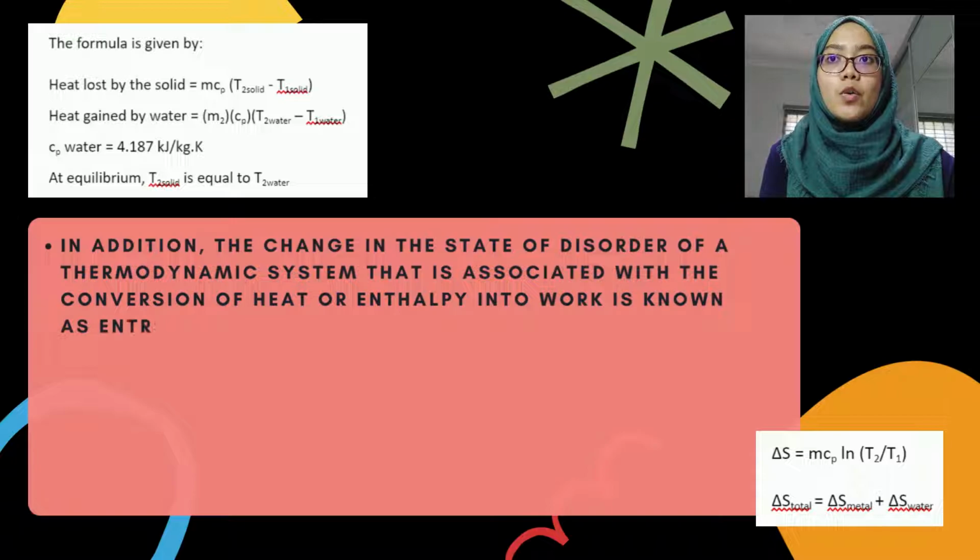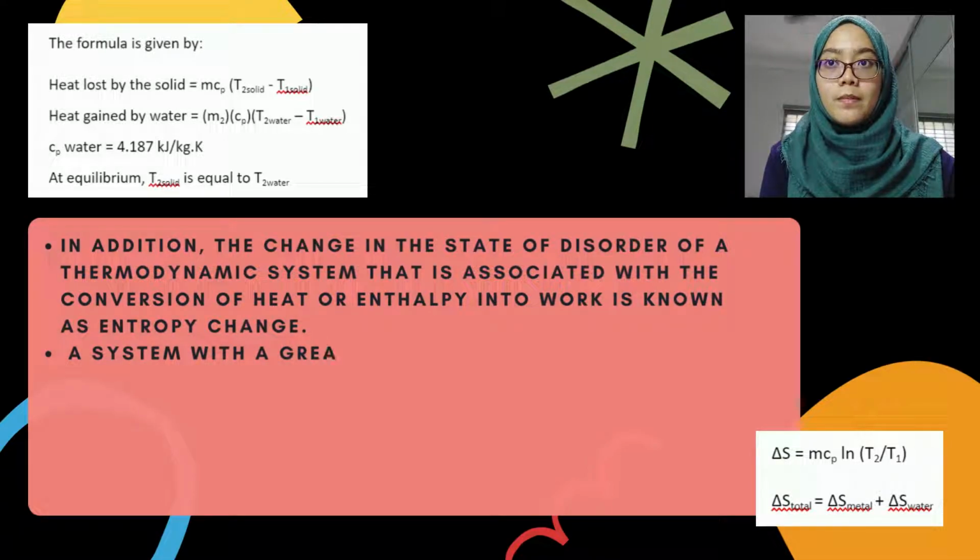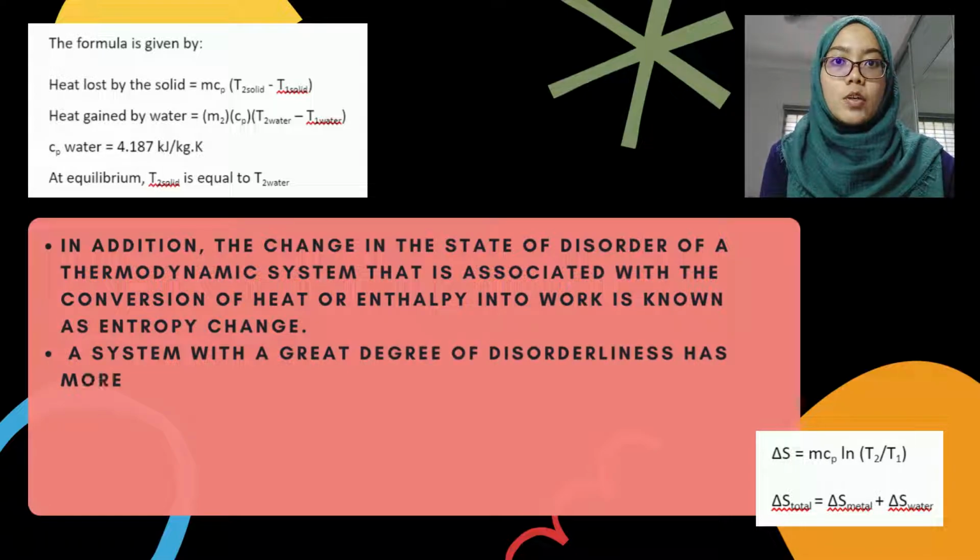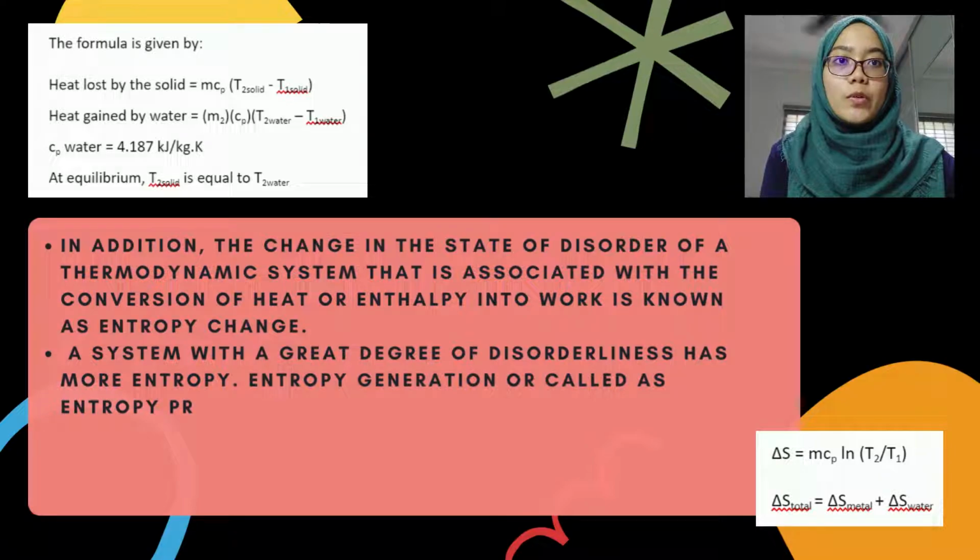Cp water is equal to 4.187 kJ per kilogram Kelvin. At equilibrium, T2 solid is equal to T2 water.